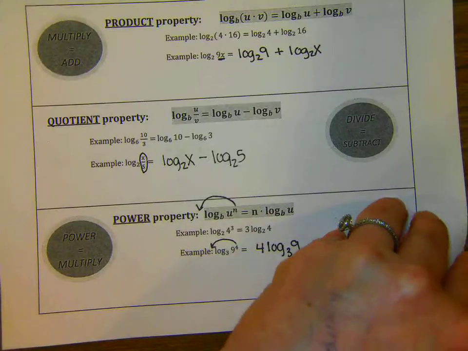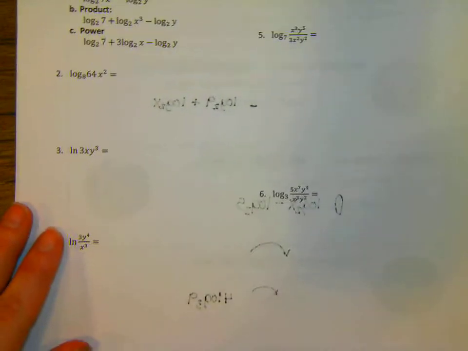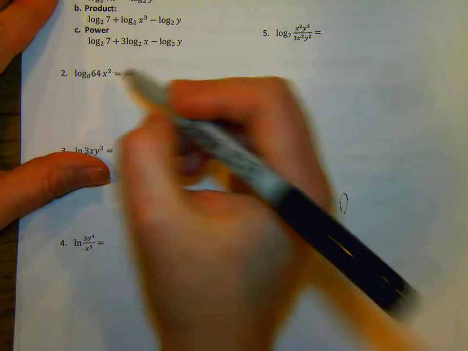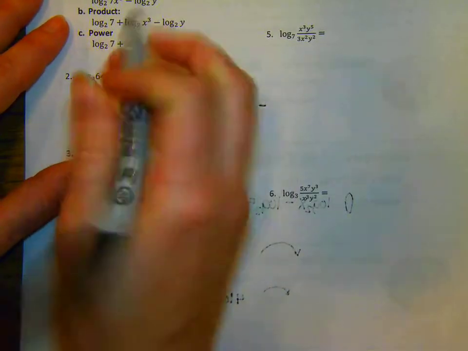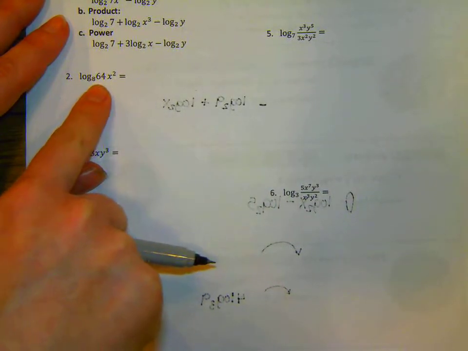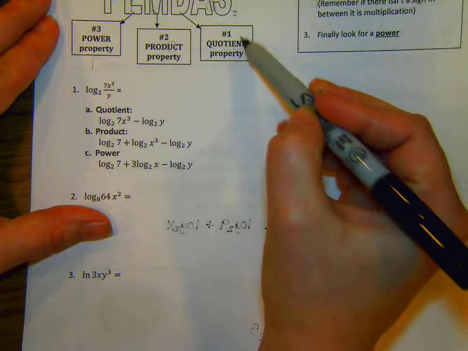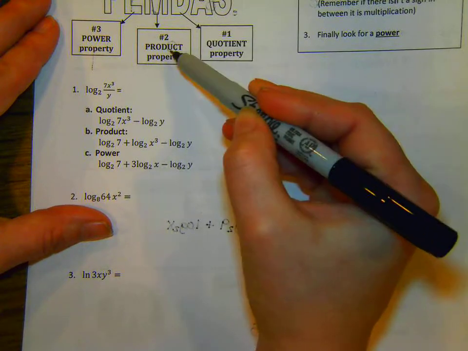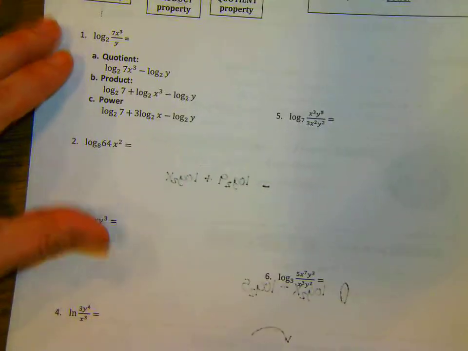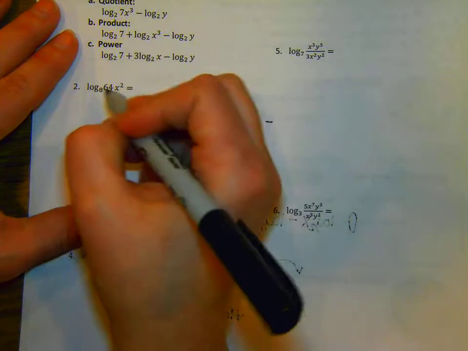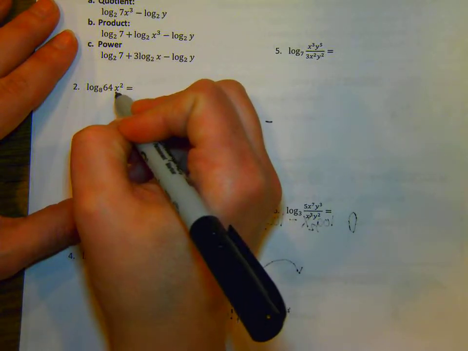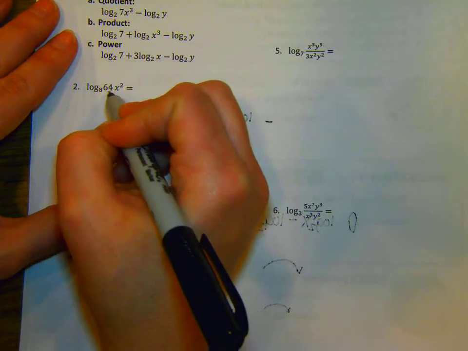So if you take a look here, turn the page. Let's take a look at first when it comes to expanding a log. So expanding a log, again, this is condensed form. It has 1 log. We want to expand it out into having addition and subtraction. Here's your working backwards. You always want to do the quotient property first, then product, then power. In this case, there's no quotient, there's no fraction bar, but there is a power and a product. There is multiplying.